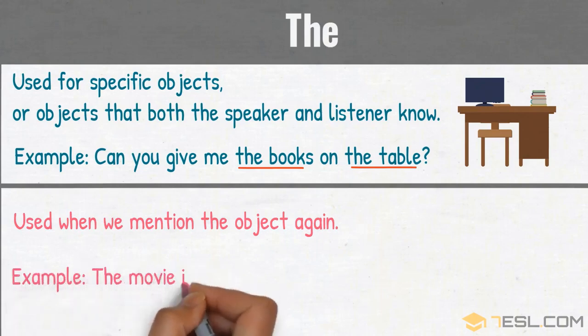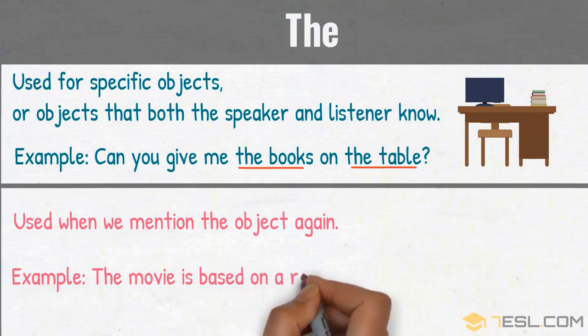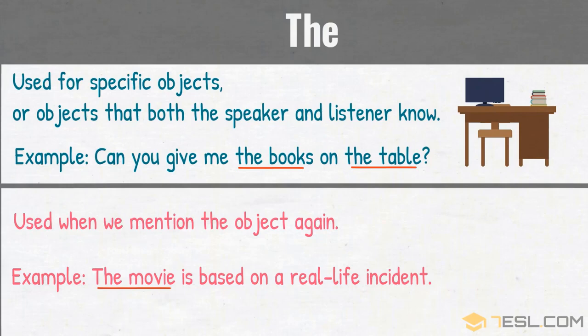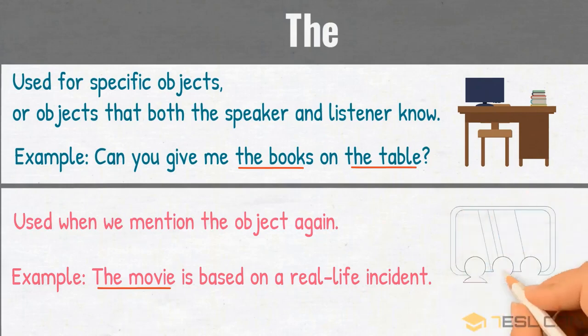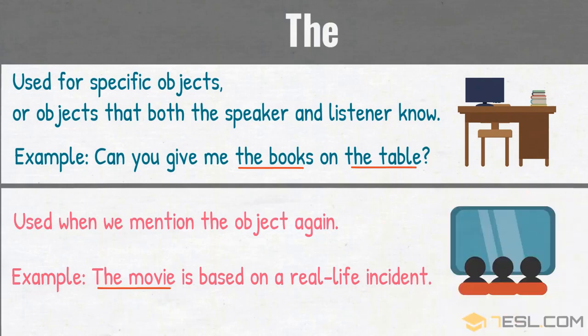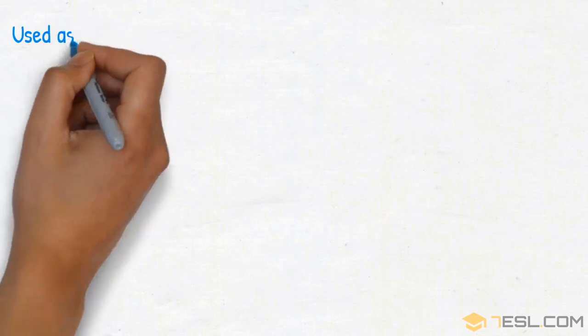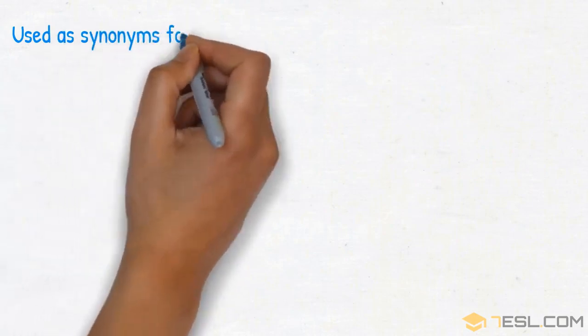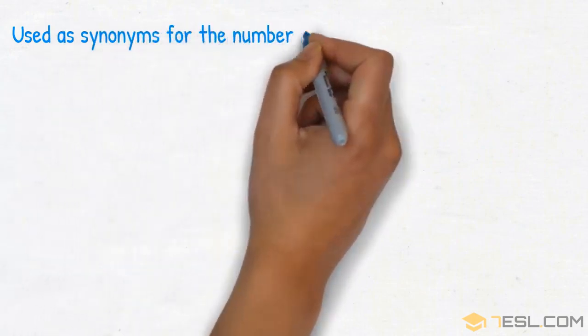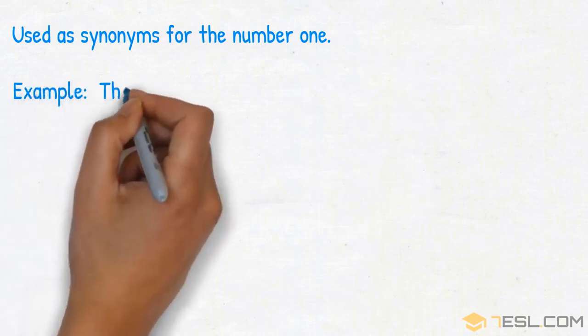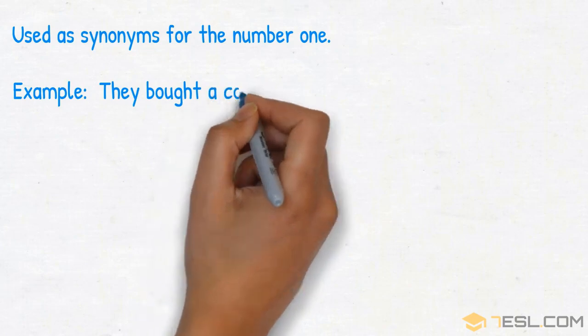Example: The movie is based on a real-life incident. A and an are used as synonyms for the number 1. Example: They bought a computer.